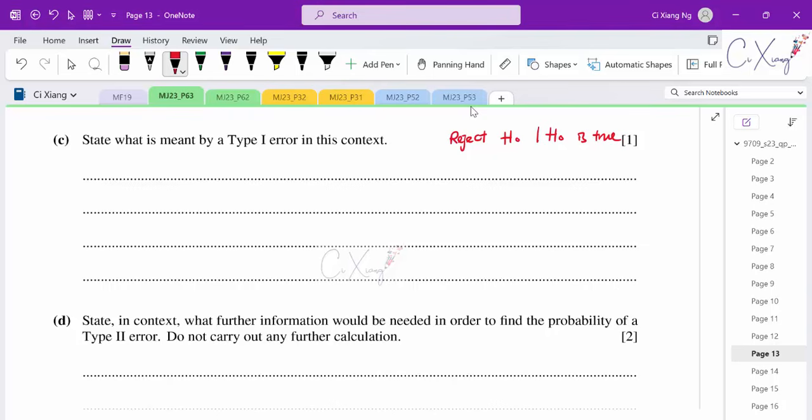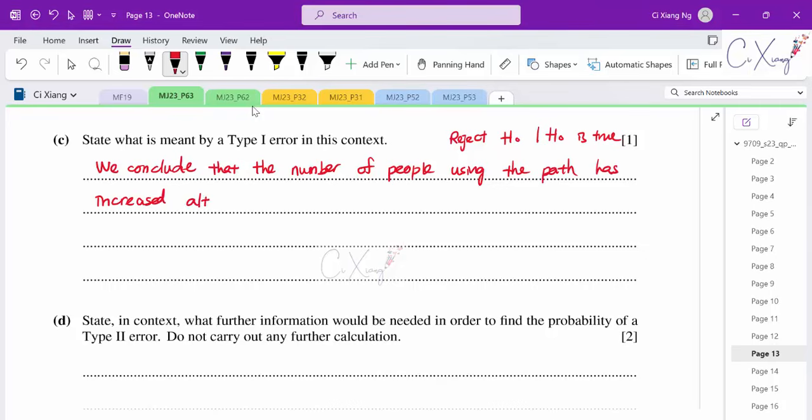Rejecting the null hypothesis means that we make a conclusion that the number of people using the path has increased, although it is not.